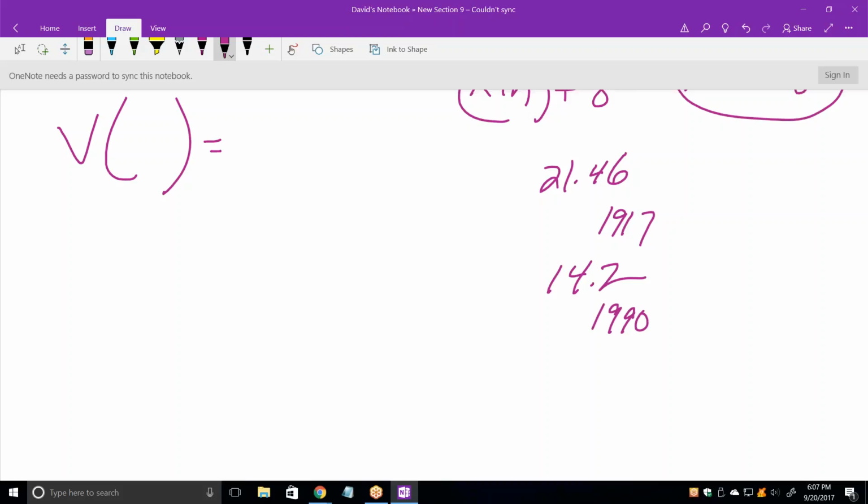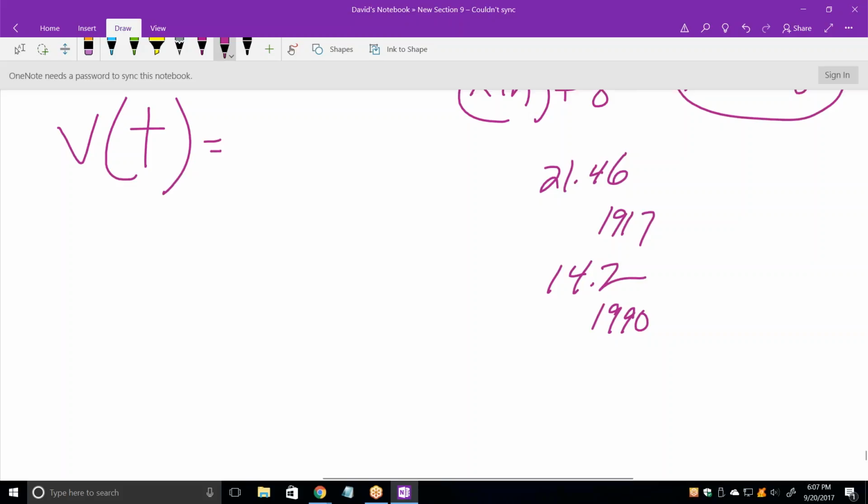Okay, and then what's the equation that relates the value? It says the amount it takes. So it must be V of t, right? I think you're right. A lot of times when time is the horizontal axis, then the variable is always going to be t.